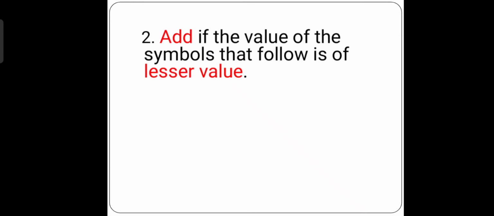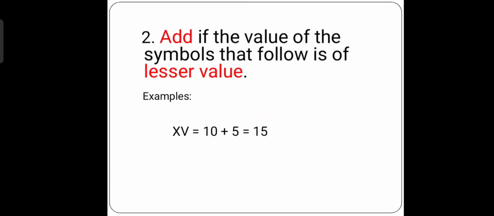Next, add if the value of the symbol that follows is of lesser value. So, if the first is bigger and the one that follows is smaller, then we are going to add the values of those symbols. Example, X and V. X is bigger because it is 10, and then the one that follows is of lesser value, which is 5.